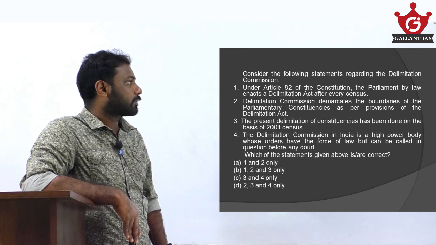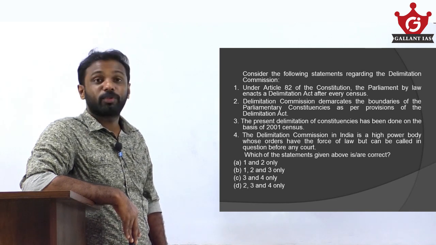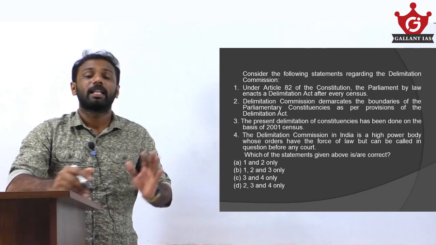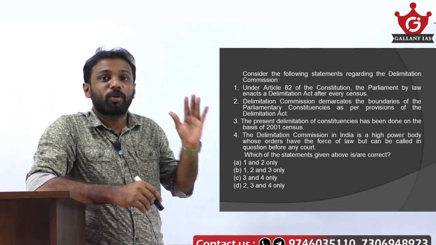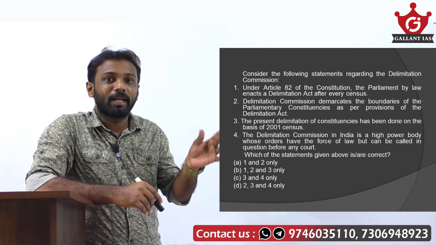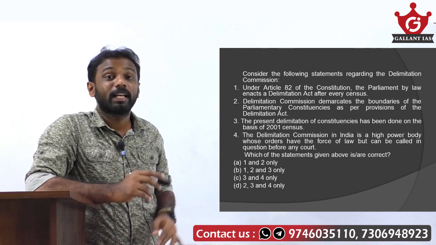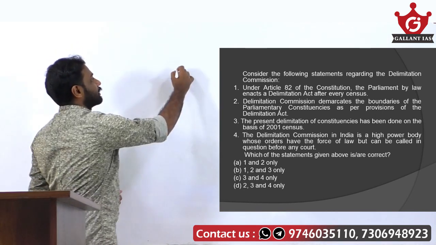3. The present delimitation of constituencies has been done on the basis of 2001 census. Correct. Here we may have some doubts. See, the number of Lok Sabha MP seats or the number of MLA seats of a state, that number is allotted based on the 1971 census.